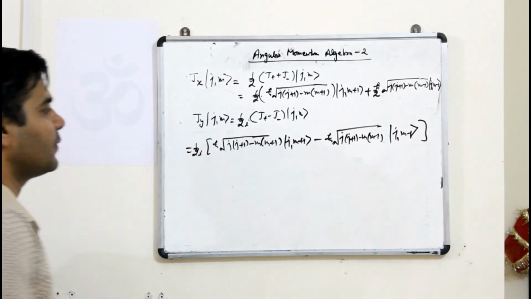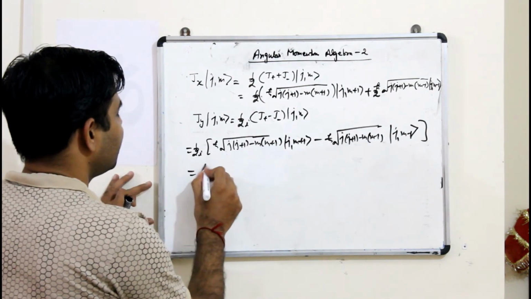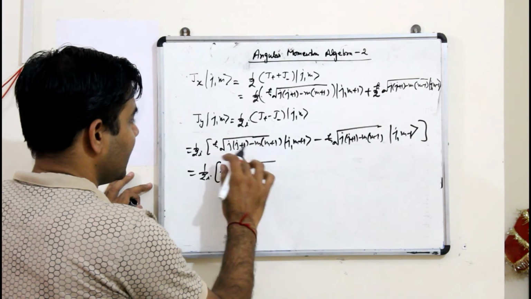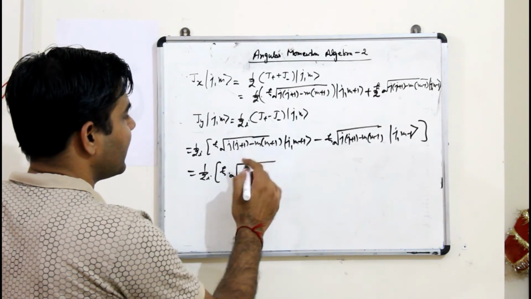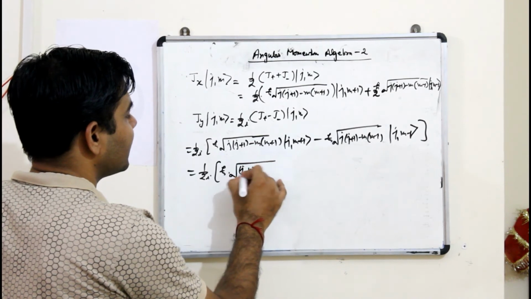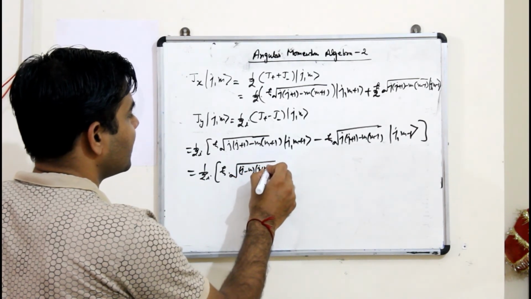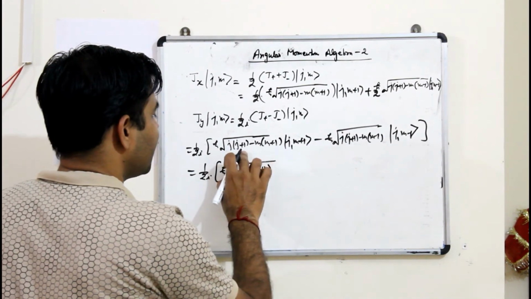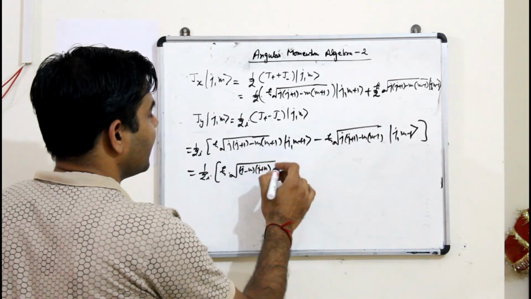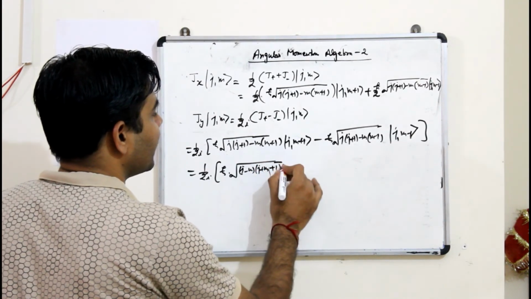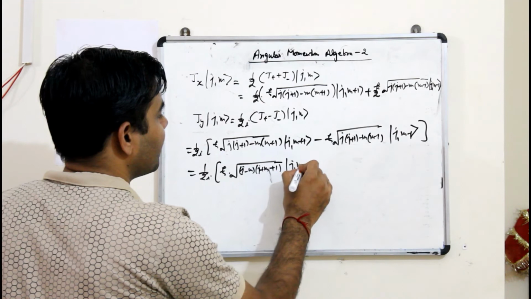Okay, if we wish, we can simplify the bracket inside the root, which is j squared plus j minus m squared minus m. So this is j squared minus m squared, so I can write j minus m, j plus m, plus j plus m, and then plus j from here and minus m from here. If I take that common, this becomes |j, m+1⟩.